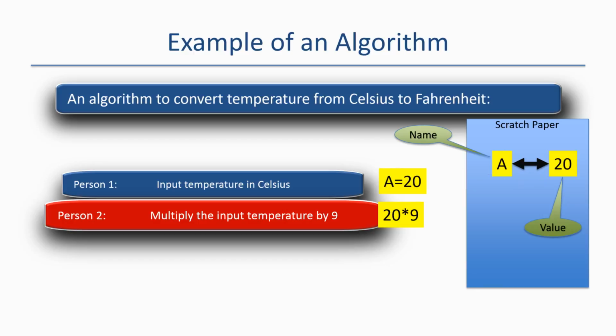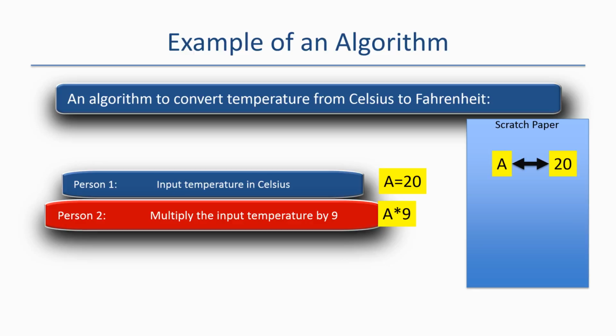And in computer programming, we write it as A equals sign 20. I should emphasize that this statement does not mean that A is equal to 20. It simply means that A is an identifier which is associated with the value of 20. In technical terms, we call A an identifier.